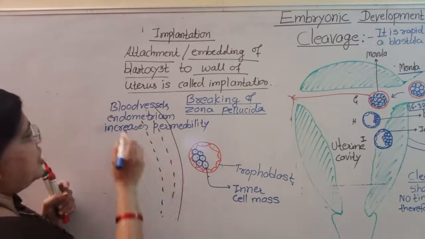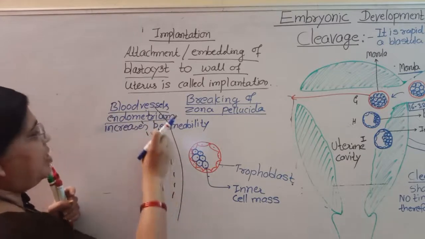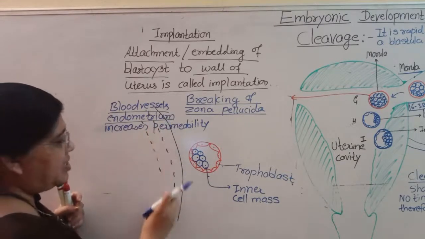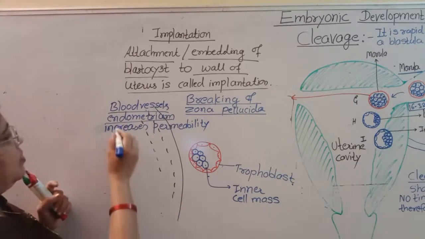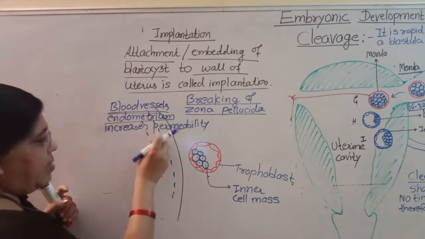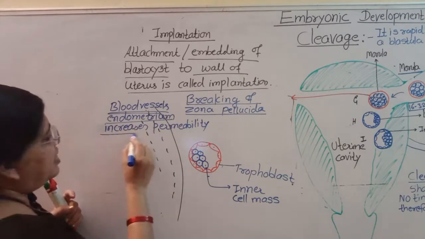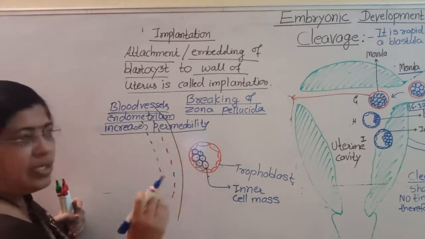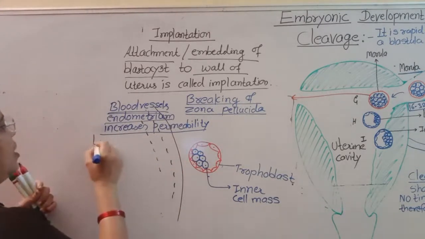During implantation, the endometrium and the blood vessels present in the endometrium, you know that the endometrium is a highly vascular layer of the uterine wall, increase permeability, and it shows local edema.